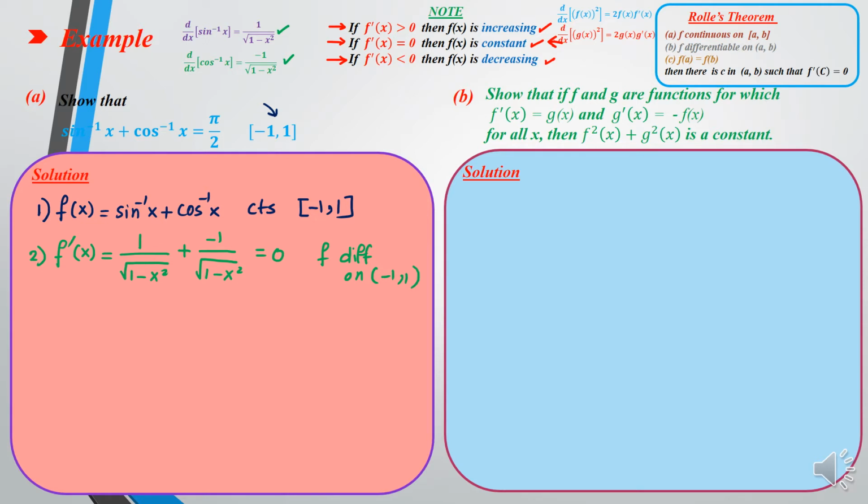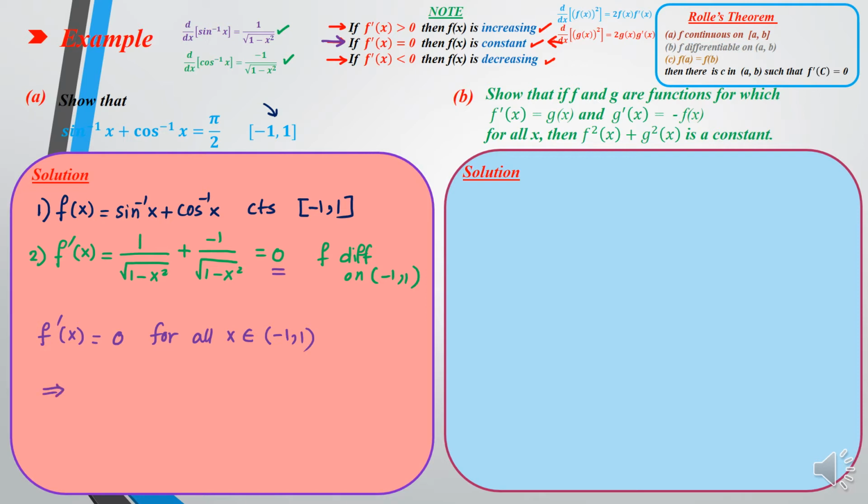Now, since the function is continuous and differentiable in the given interval, and f prime of x equals 0 for all x in the interval from -1 to 1, this means by this statement that the function f is constant.